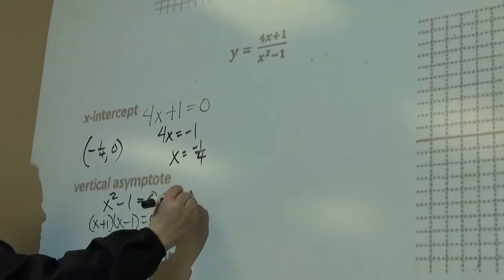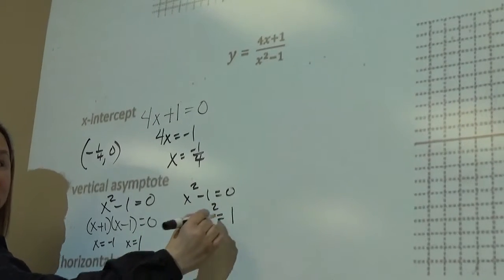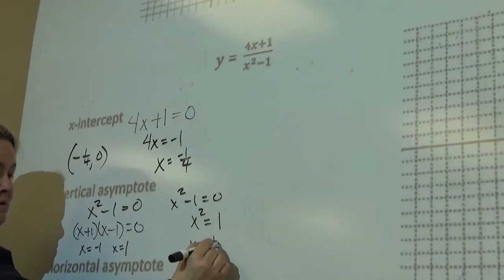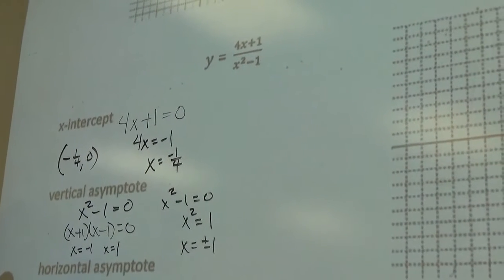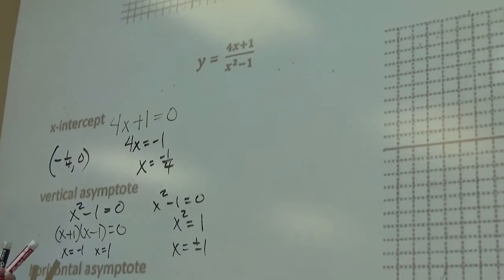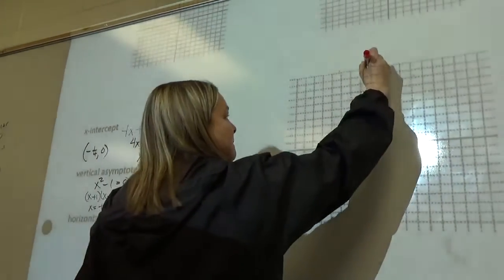Some of you, when you see this problem, you're going to add 1 to both sides and take the square root. So you get that both ways. Either way that you work it, your vertical asymptotes are going to be at negative 1 and 1. So I'm going to put vertical lines there.